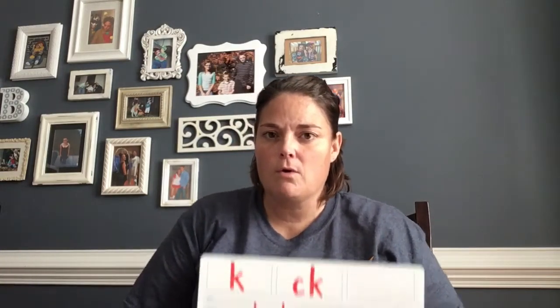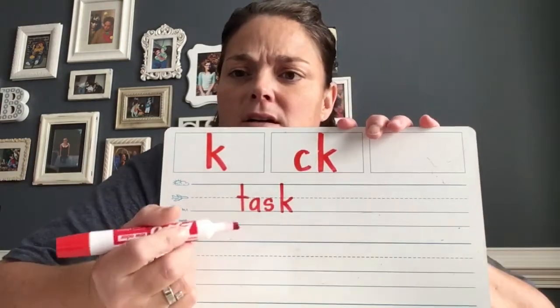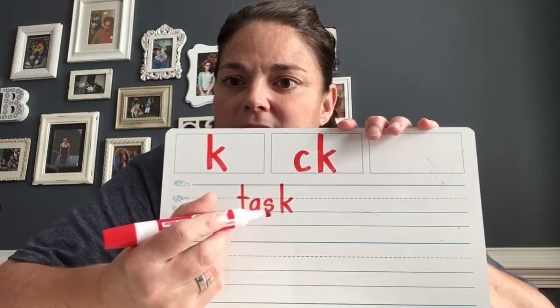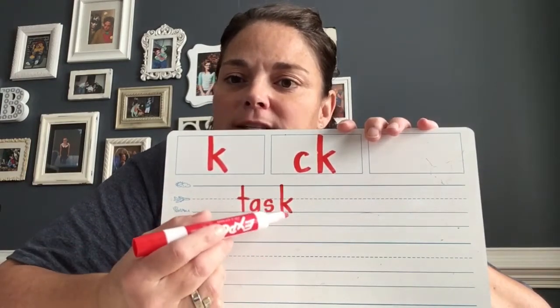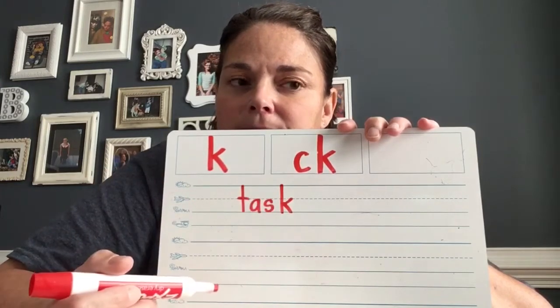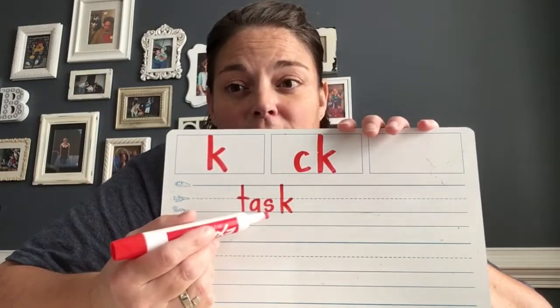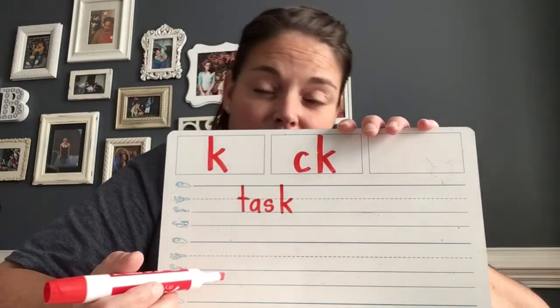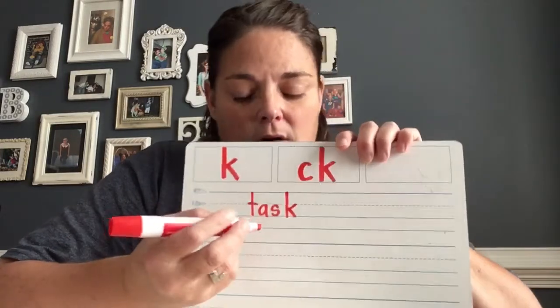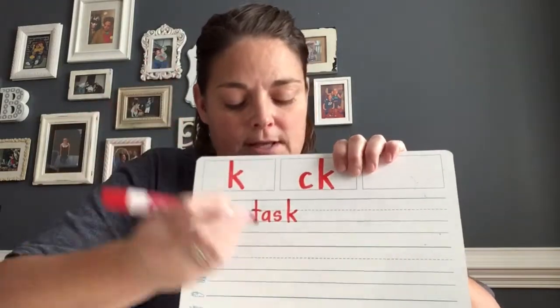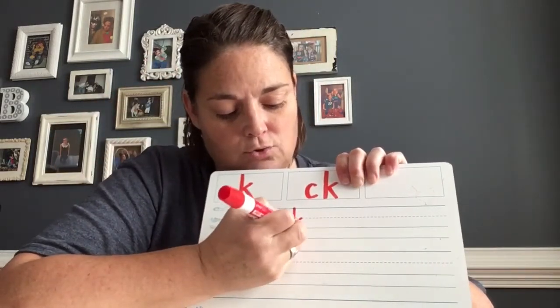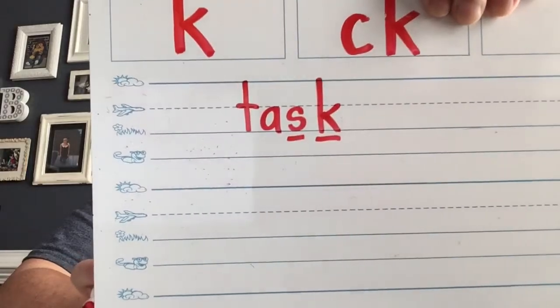Here we go. Task. Why did I put just the K? Because the sound right in front of it is a consonant. We are underlining a blend here. I can hear two sounds in that blend, so they get two underlines.